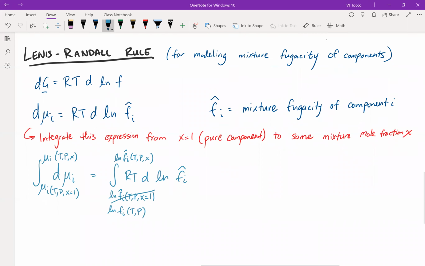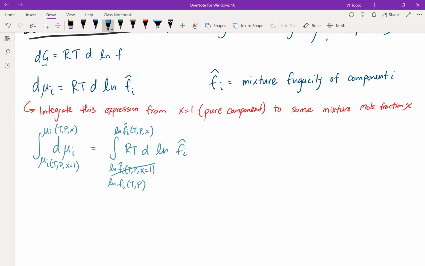All right, now we will perform the integration, and in both cases, it's a simple integration for the most part because there are no functions of the independent variable. So this RT can come outside of the integral. We've got nothing inside the integral on the left-hand side. So it's just mu i at T, P, x minus mu i at T, P, x equal to 1 is equal to RT.